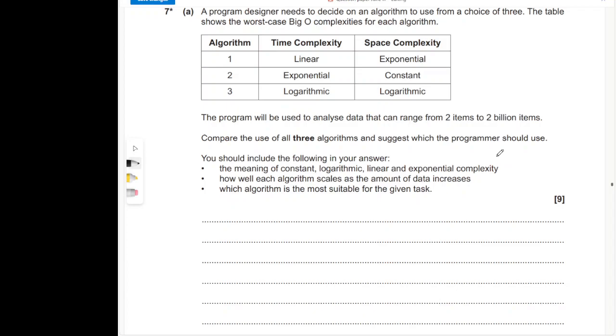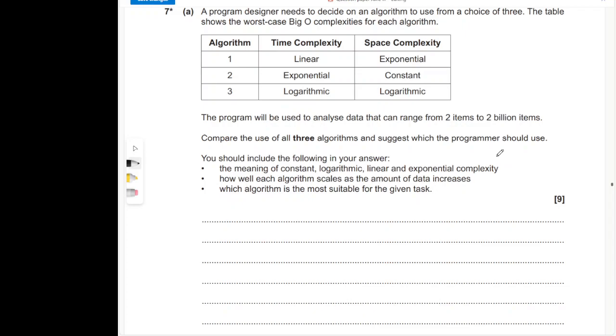Remember, these are approximations. They're just something for you to get an idea of. They're not metrics as such. If you wanted to find out how long something took, you'd have to time it. So with linear, as we increase the number of items, there is a linear change in the time it takes. But try not to use the word constant.